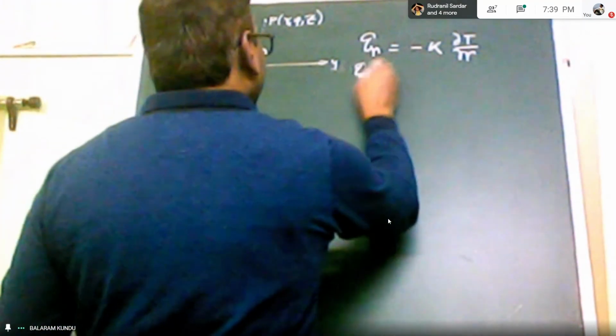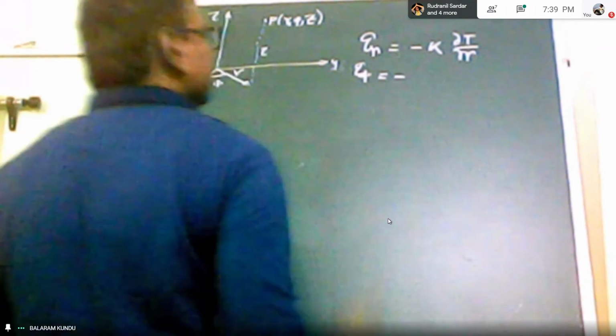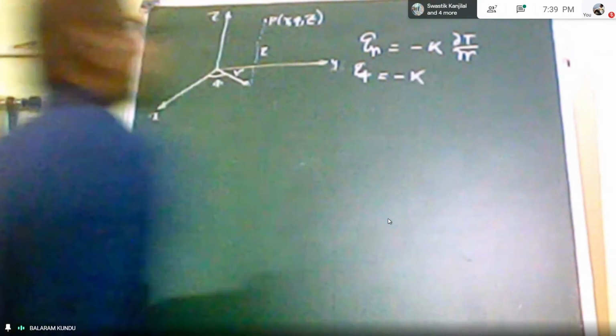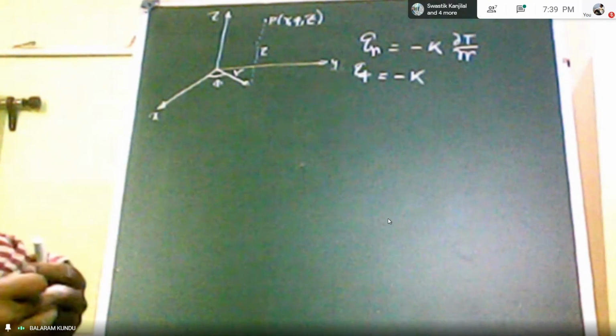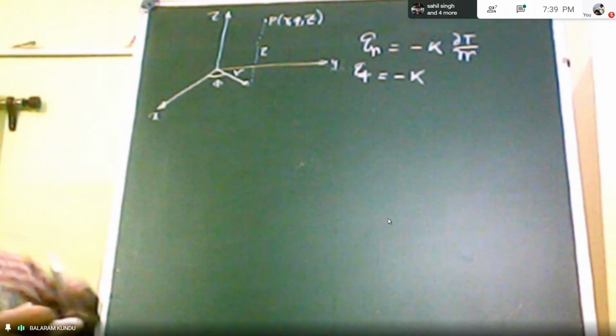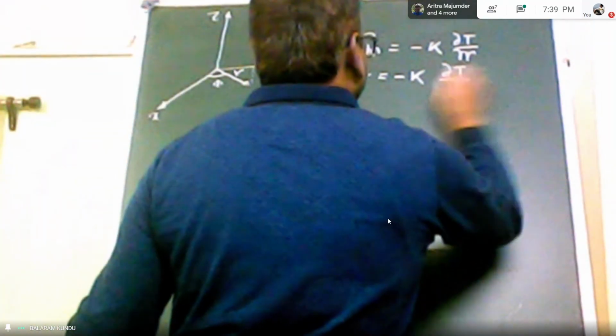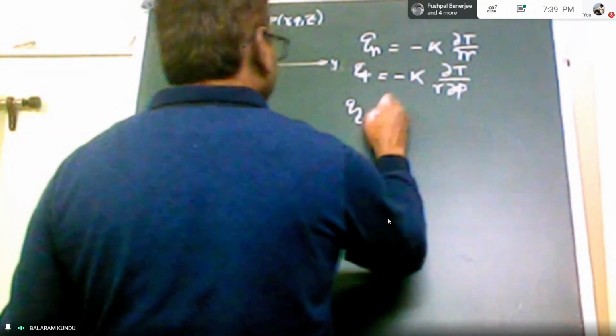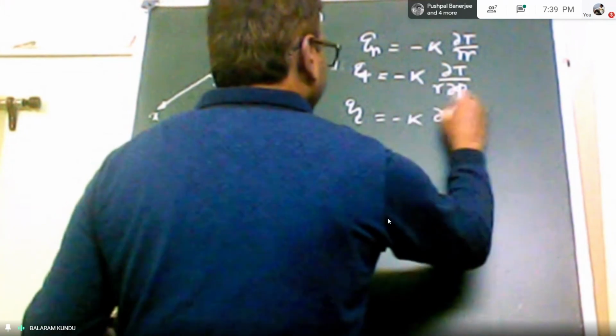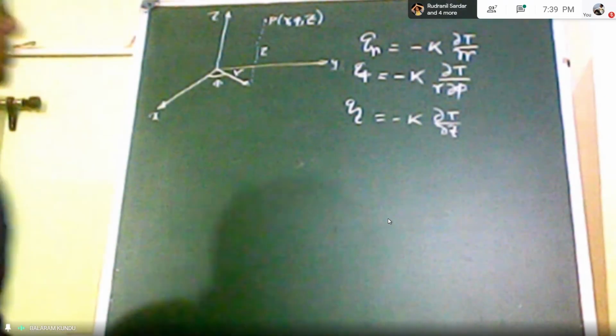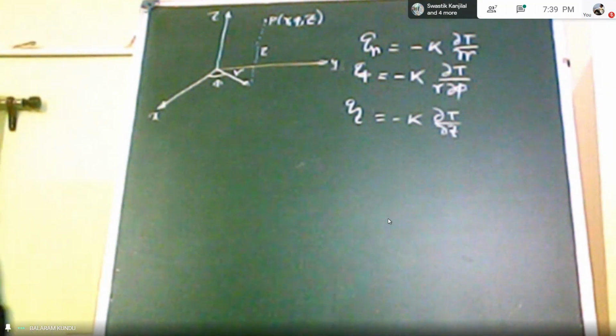For q_phi, minus k into the temperature gradient in the phi direction, which should be del T by r del phi, not del T by del phi. And q_z equals minus k into the temperature gradient in the z direction, del T by del z. So these are q_r, q_phi and q_z.